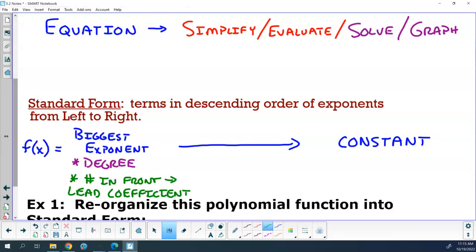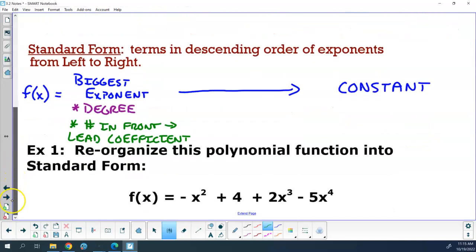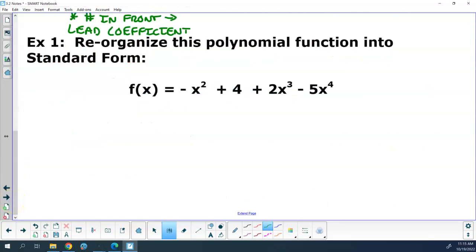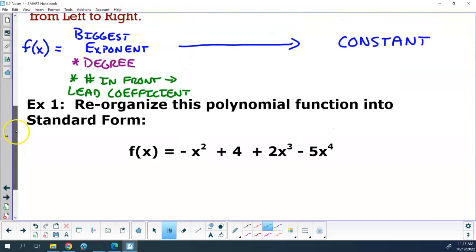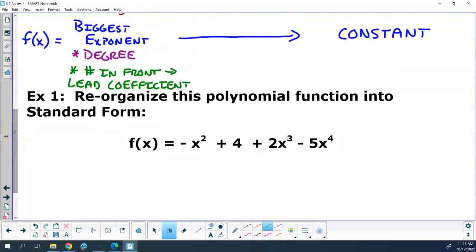Okay? So let's take a moment here to reorganize this polynomial into standard form. Okay? So we would start here with f of x.